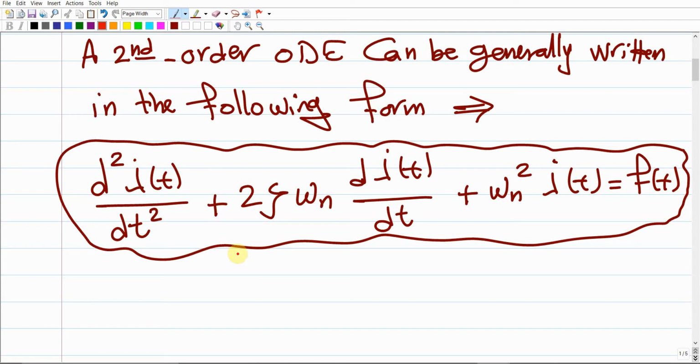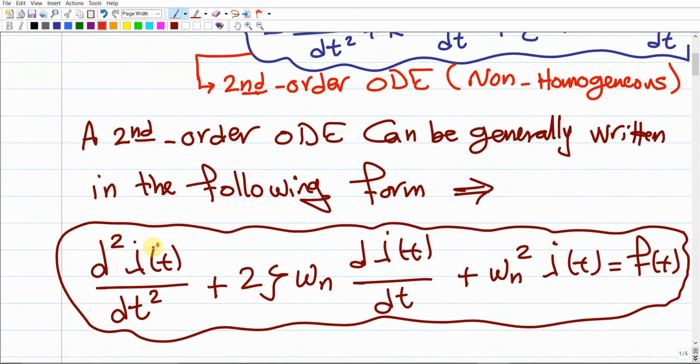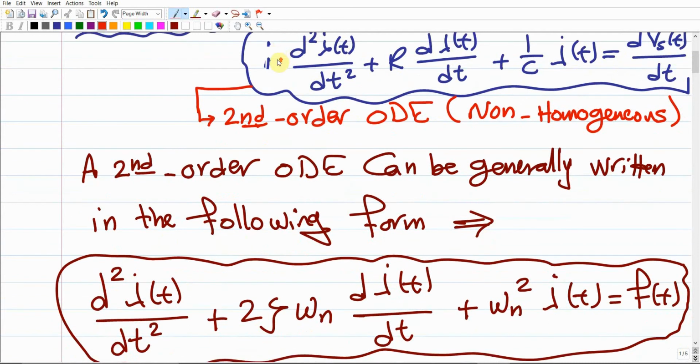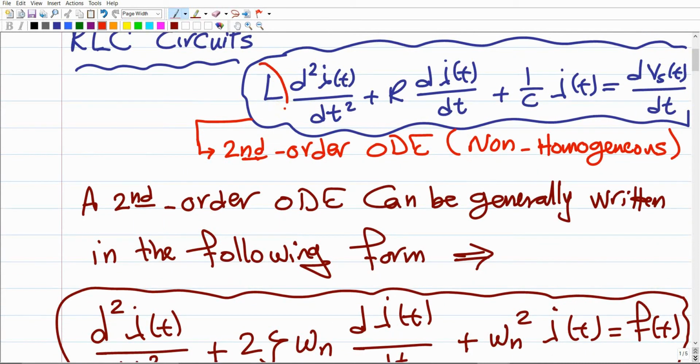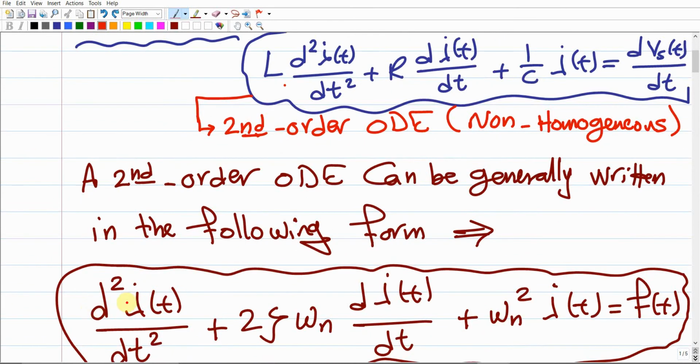Here we have two new parameters, xi and omega n. Make sense? If we compare these two equations together, you're going to find something very interesting: the coefficient of the second derivative term is L, but here the coefficient of this term is simply 1.